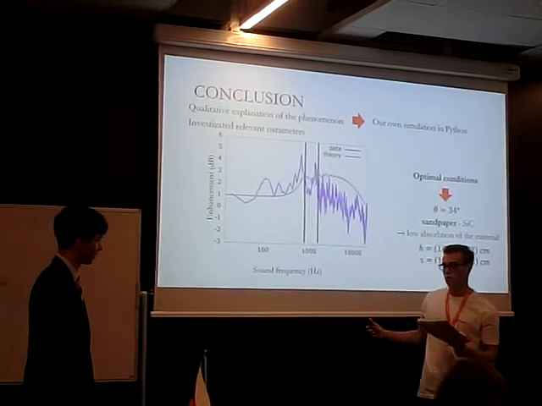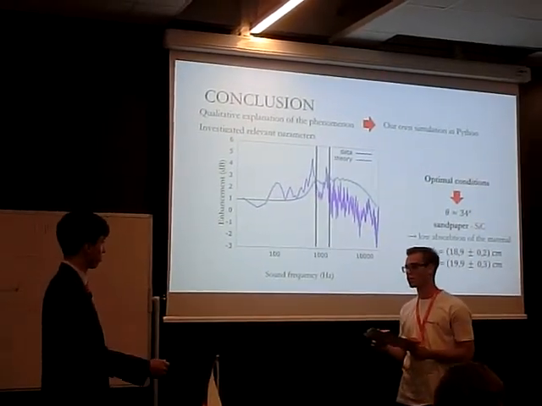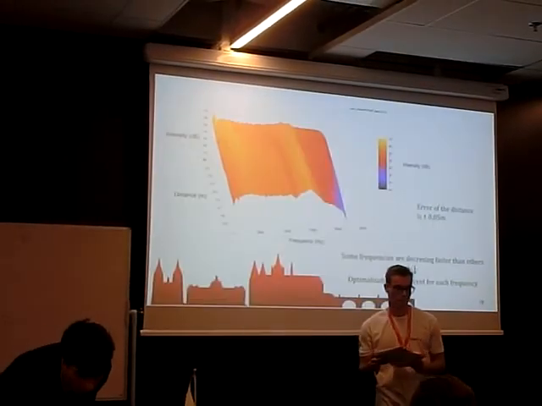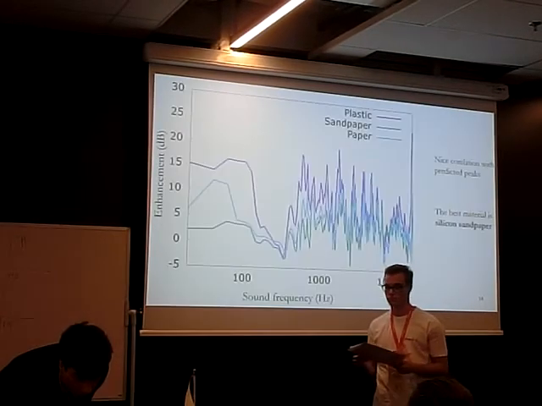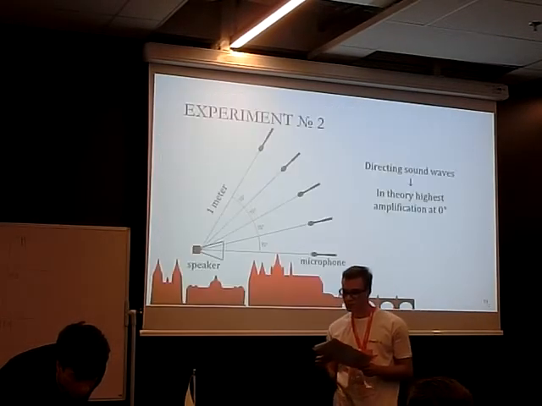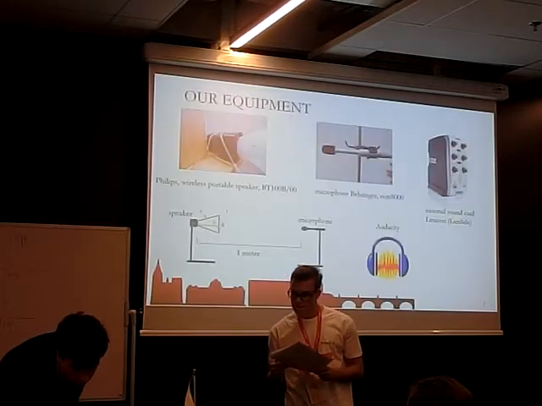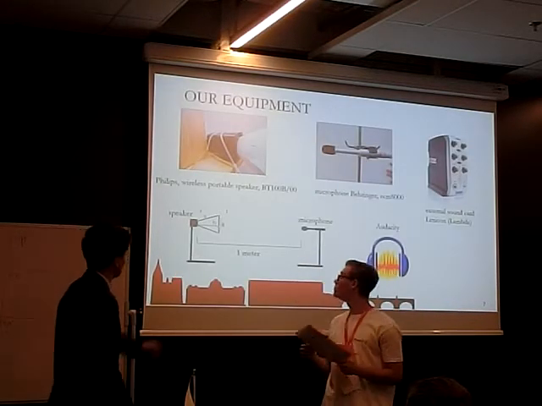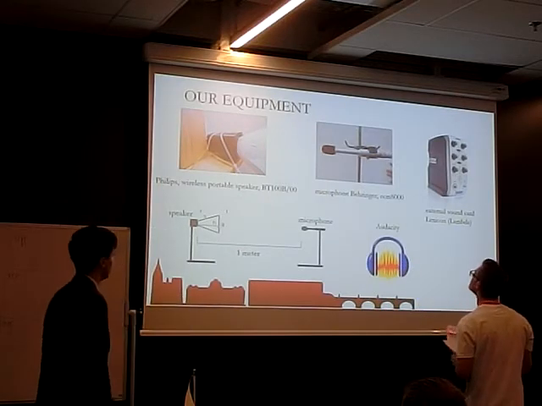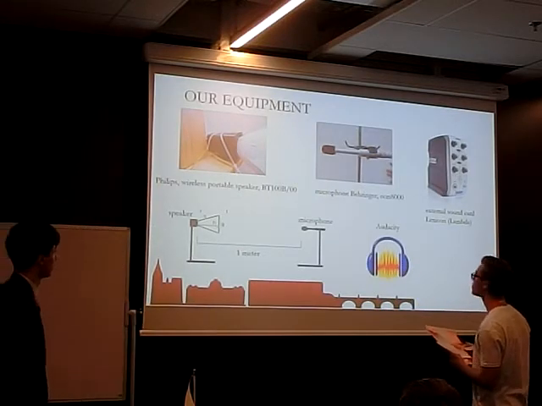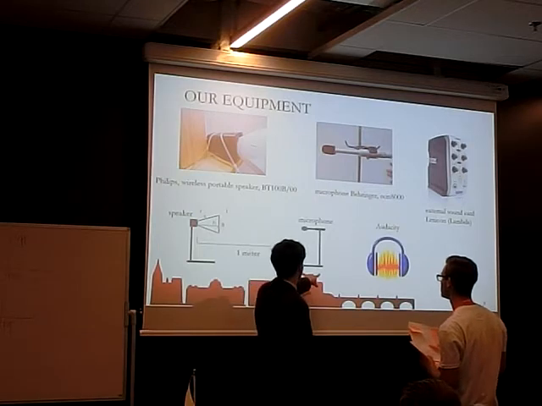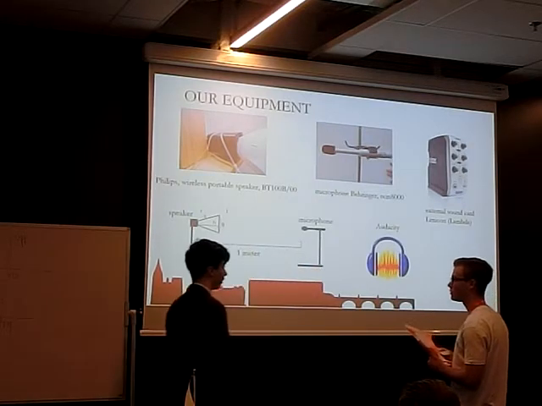You just build a new cone and you get the new angle. You can see our aperture is movable, so we can place it in different positions. You can see it's on the stand, so you can just move that. The microphone is on the stand, so you can move the microphone.